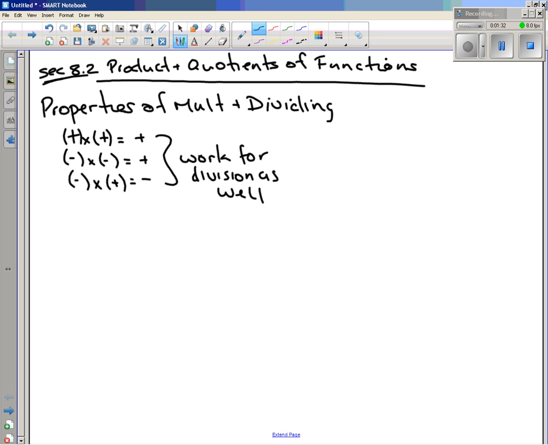What's another property of multiplying that we know? Okay, so any number times 1 is that number. That's true. We're not going to use that one a whole lot today, but that one is true. One we will use today is that any number times 0 is 0.